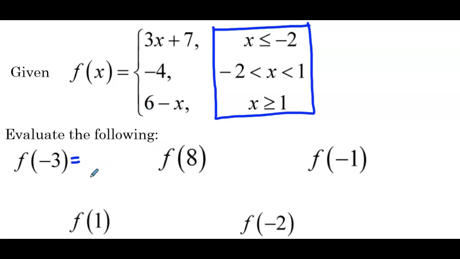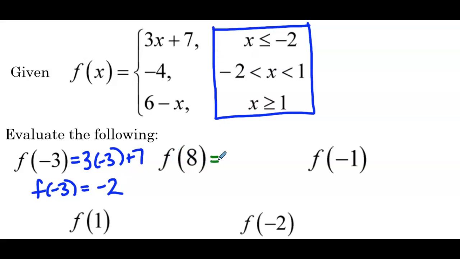So f of -3. Okay, so if our input is x equals -3, that falls into the top domain because -3 is less than or equal to -2. So we're going to substitute -3 into this piece of the function. So 3 times -3 plus 7. So f of -3 is equal to -9 plus 7, which is -2.